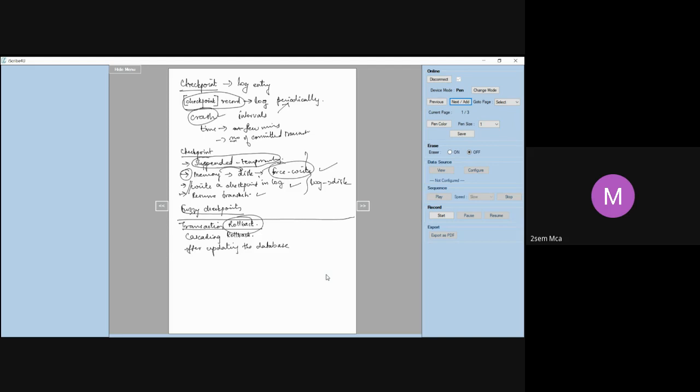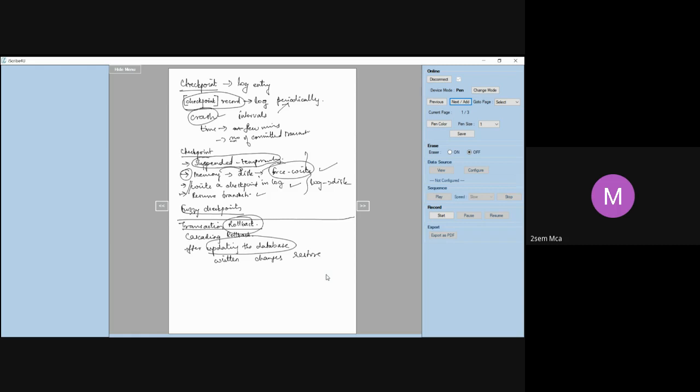If any values have been changed by the transaction, meaning the database has already been written with the new values, but that transaction has failed to complete, then you have to restore it to the previous value.